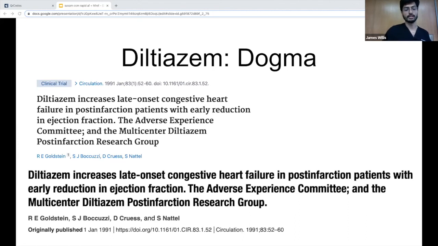That's been extrapolated by cardiologists to say that you can't give these agents in the acute care setting because patients with pulmonary edema or reduced EF might have too much mortality and morbidity. But applying this to the specific case here, you can't really do that. It's not an apples to apples comparison.